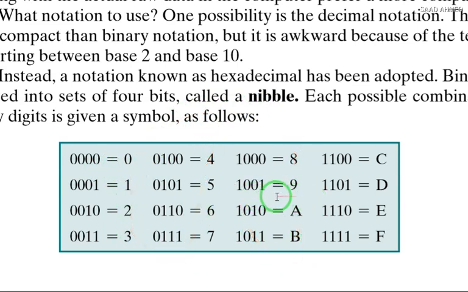Up to 9 is decimal, then if you include all of them, it's the hexadecimal number system. So you should be able to quickly convert a binary nibble into the equivalent hexadecimal. That means 1010 is A, 1011 is B, and so on.